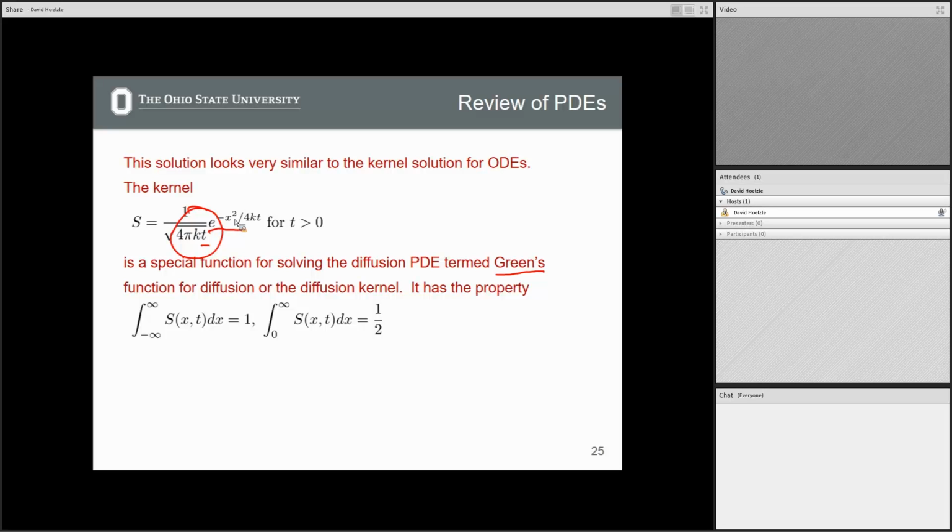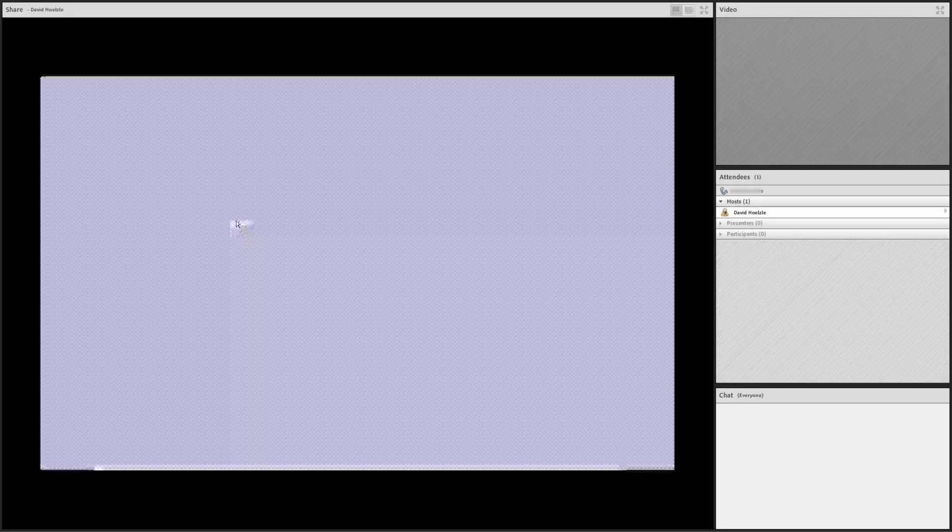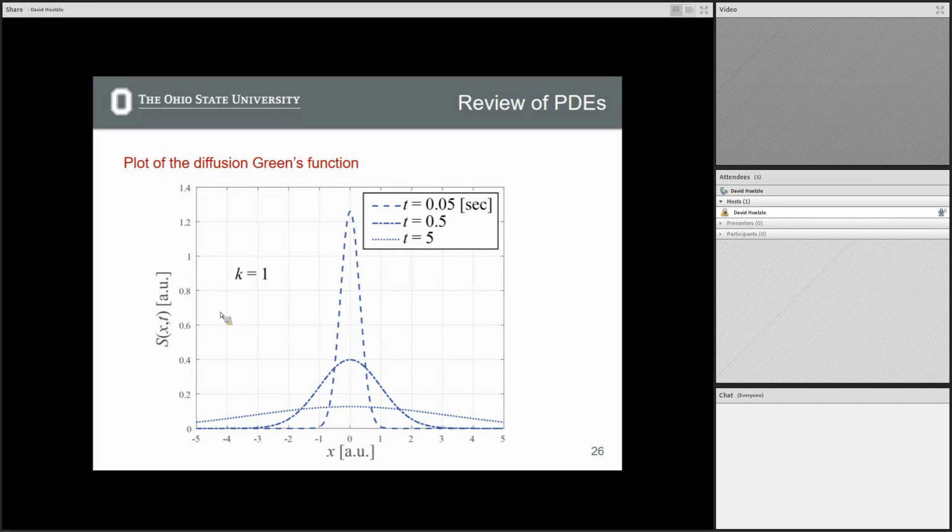So for the diffusion equation, this convolution kernel or Green's function is going to be dependent on x. You can see that this looks like a normal distribution, which you should have seen in a statistics class, or a variety of other engineering classes, but now it's also a function of time.